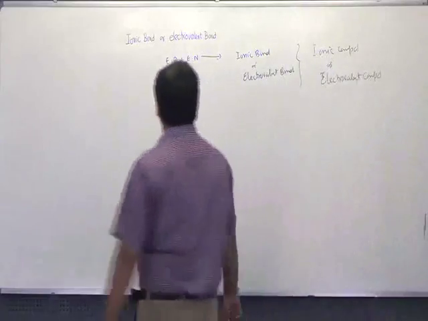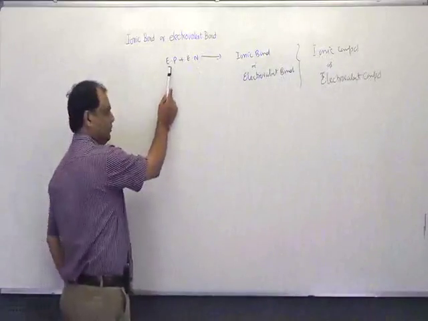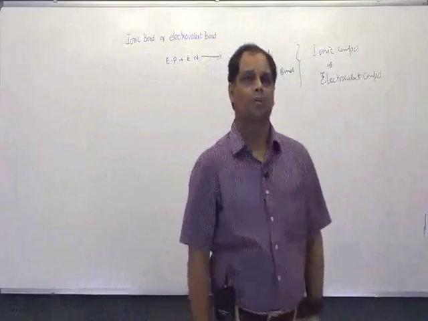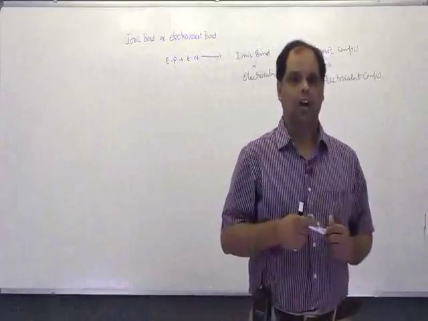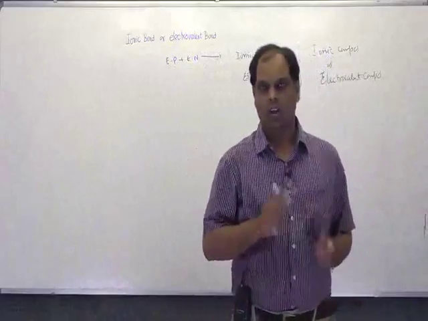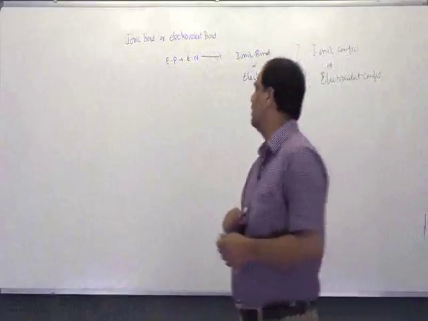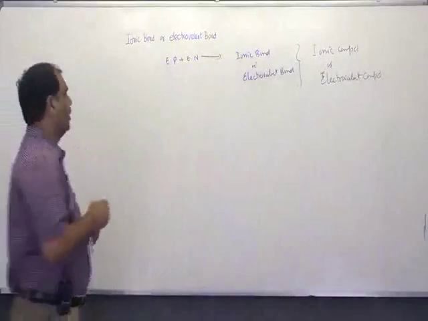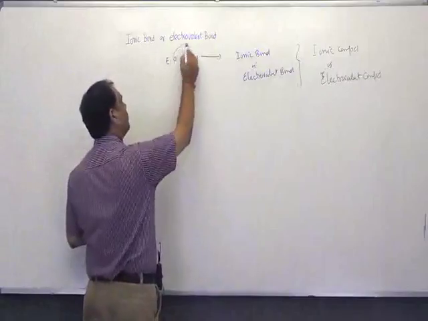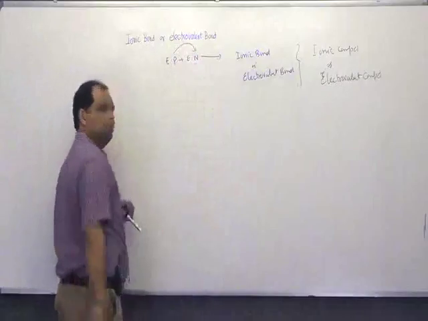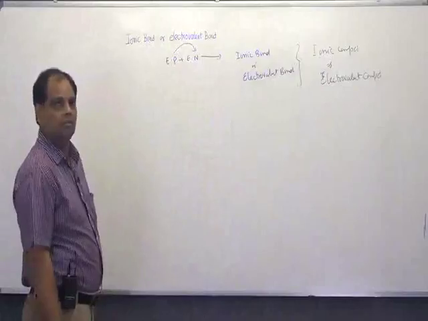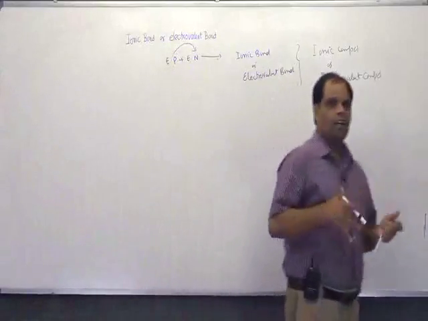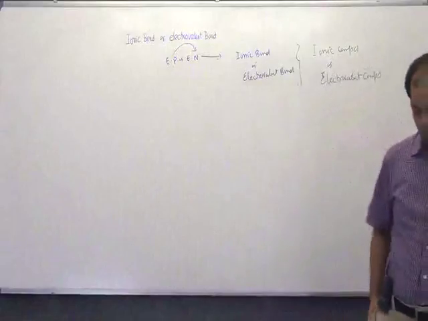Okay. Now, an electropositive atom tends to lose electrons. An electronegative atom tends to gain electrons. This bond is formed by gain and loss of electrons, or by complete transfer of electrons from electropositive to electronegative atom. This transfer of electrons results in creation of charges.